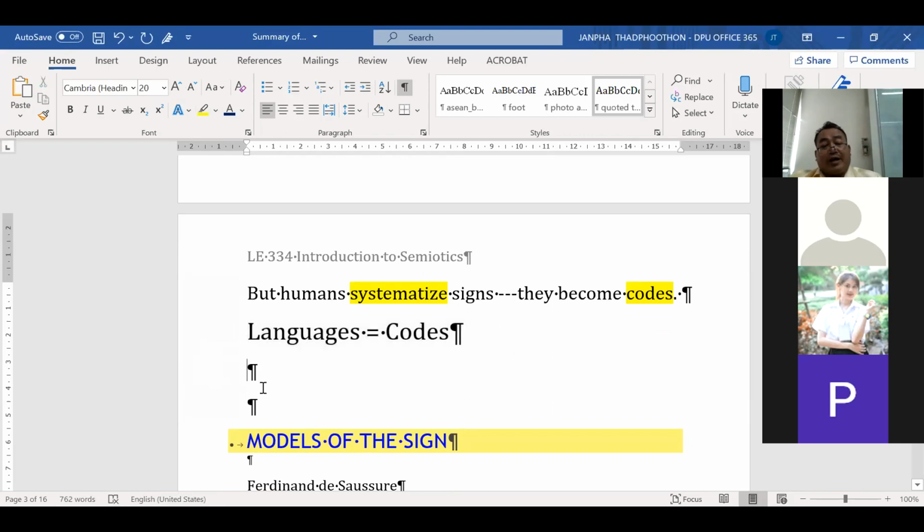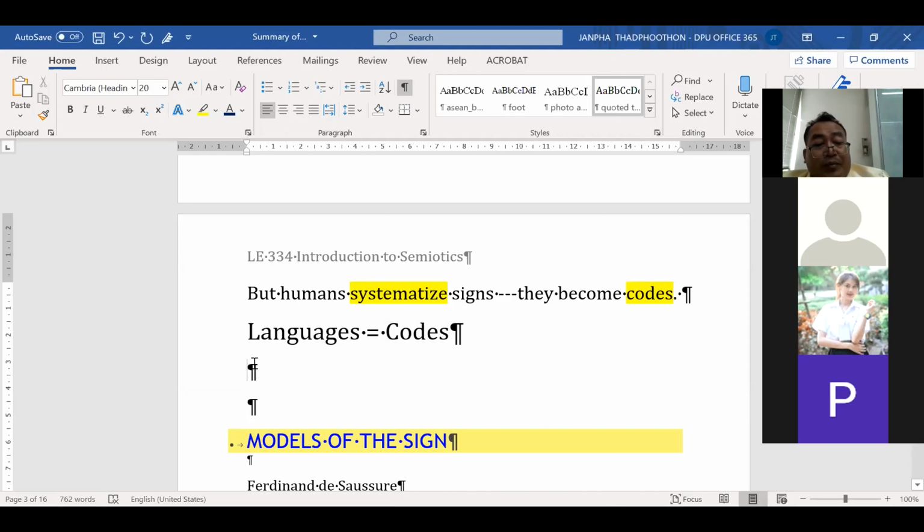That's just the introduction, why we have to study semiotics. And what's the point of semiotics? And what a sign is, I just told you that there are two kinds of signs, the natural signs and the human-made signs.